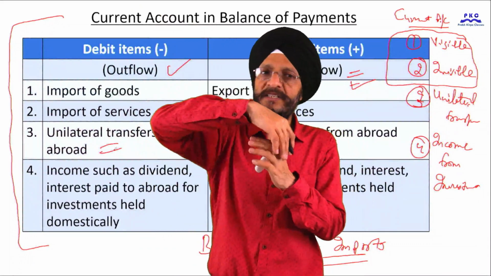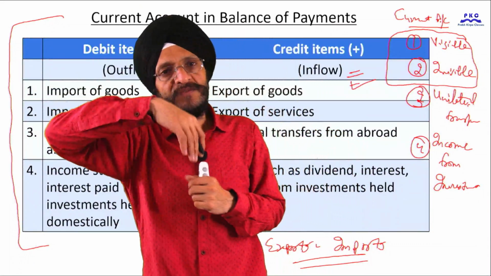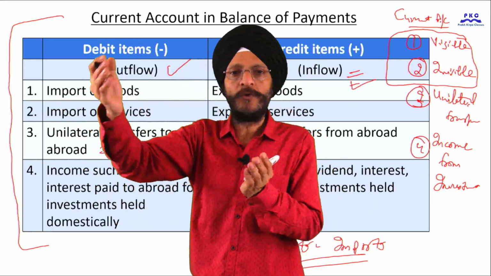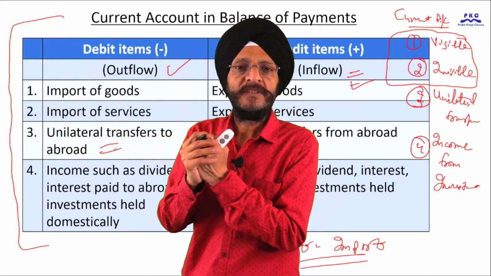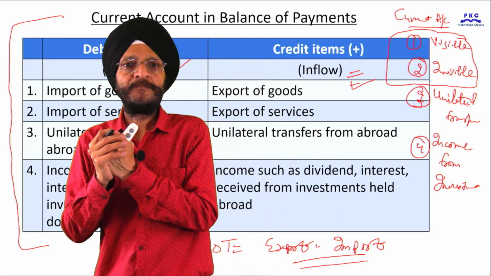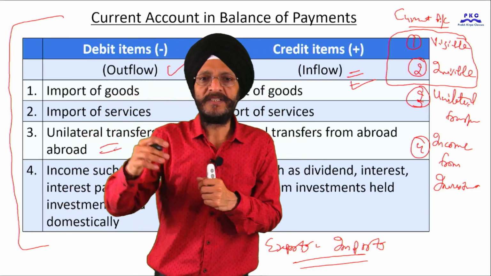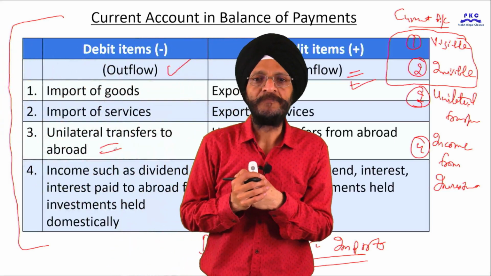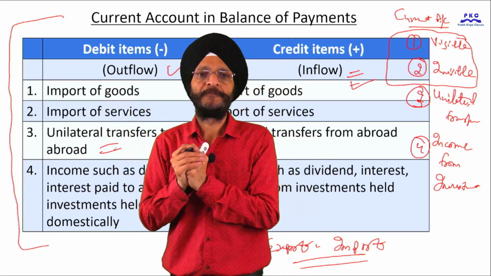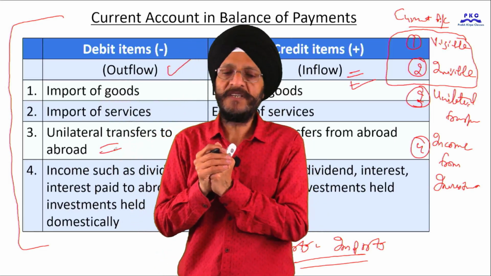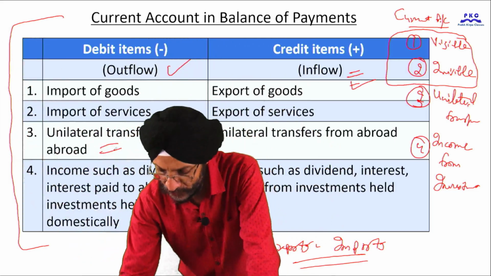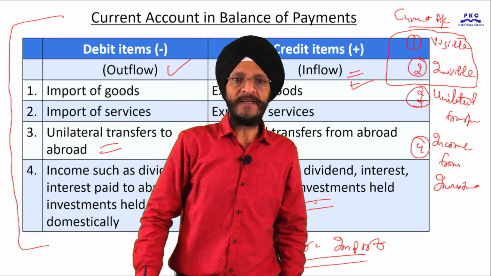If we give, it is unilateral transfer, and there is outflow. When we receive unilateral transfers from abroad, it is recorded on the credit side because foreign exchange comes into our country. When we receive income on investments in the shape of dividend, interest, etc., there is inflow, so they are recorded on credit side.